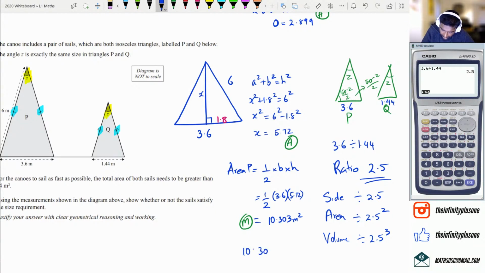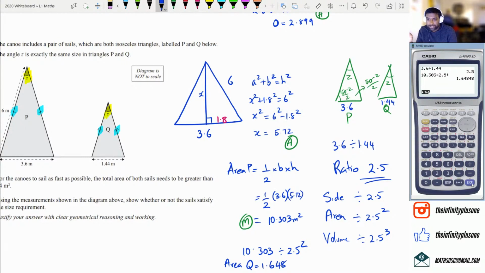So we've got 10.303, and we're going to divide it by 2.5 squared. Basically, that gives us 1.648, which is the area of Q. I know that for side it's the ratio, for area it's the ratio squared, and for volume it's cubed.